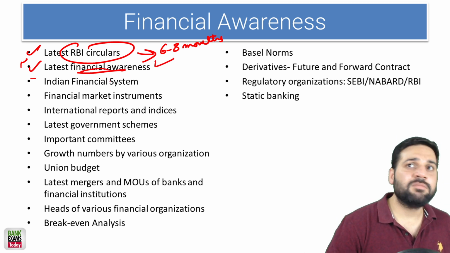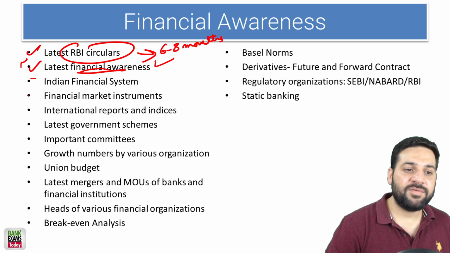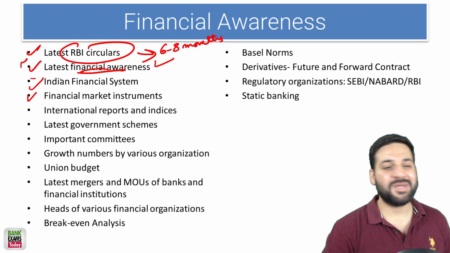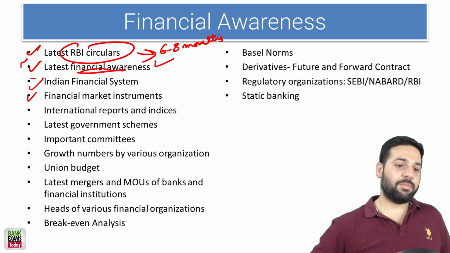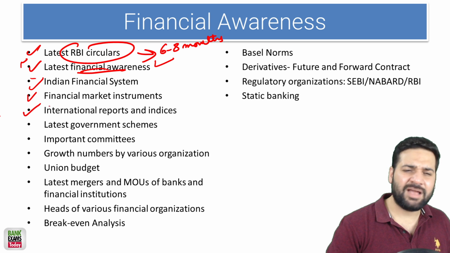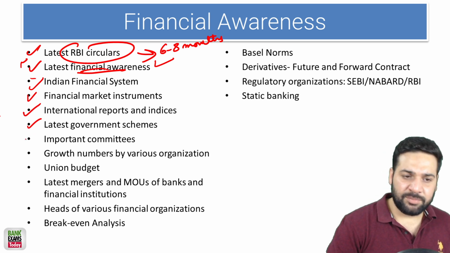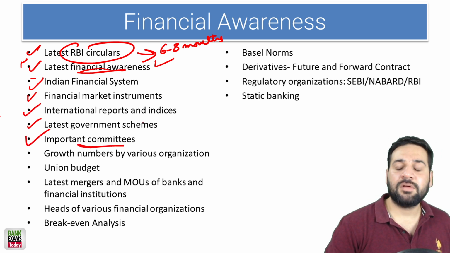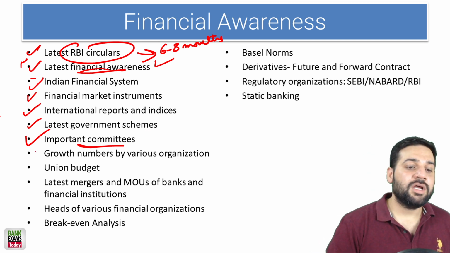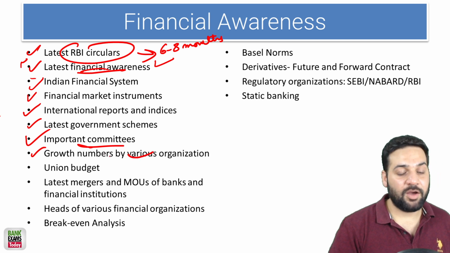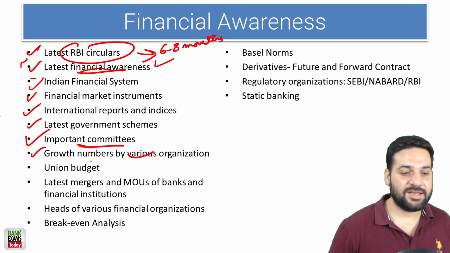Any new scheme launched by the government of India, anything happening in the financial system, any merger acquisition, any winding up or any scam happening, ILFS scandal, and any scandal that is happening. Latest government schemes, important committees, Tapan Ray committee, recently it's very important. Growth numbers by various organizations, now it is not important because growth has gone very low.